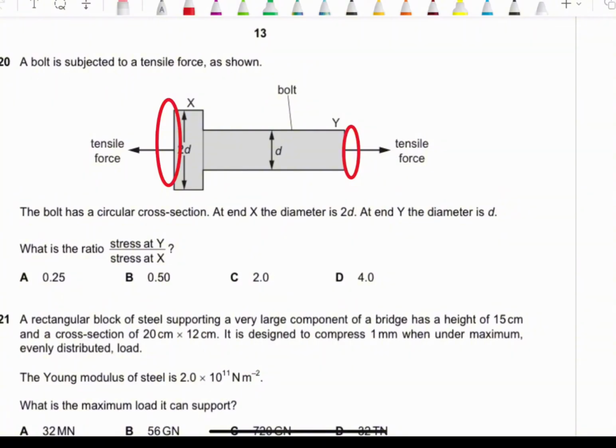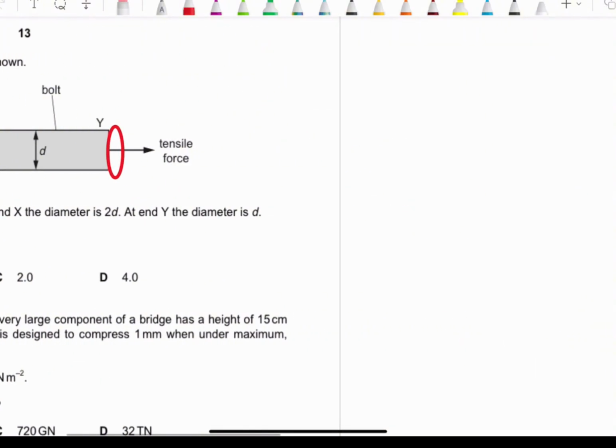What is the ratio of stress at Y over stress at X? What do we know? We know that stress is the force divided by the area.